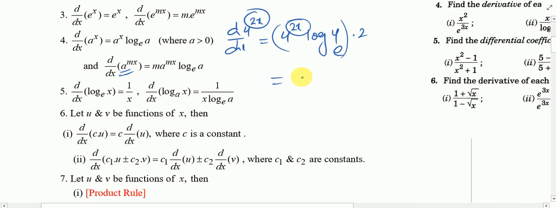So your answer will be 2 times 4 to the power 2x log 4 base e. So in this example, your m was equal to 2, and your a was equal to 4.